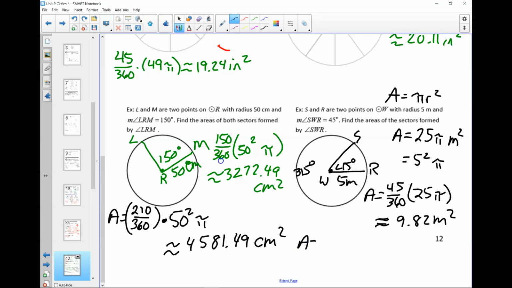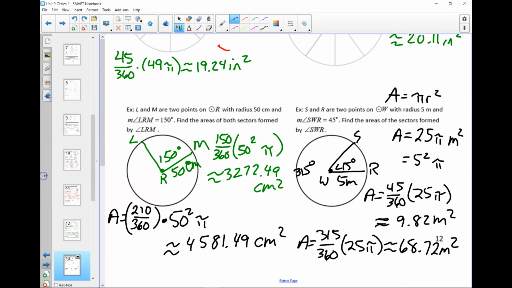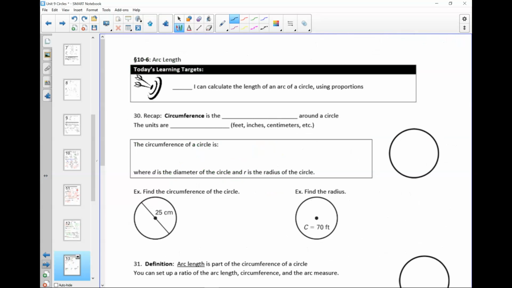For the other sector, we'll take 315 degrees over 360 times 25 pi, and that is approximately 68.72 meters squared. And there ends the section on sectors.